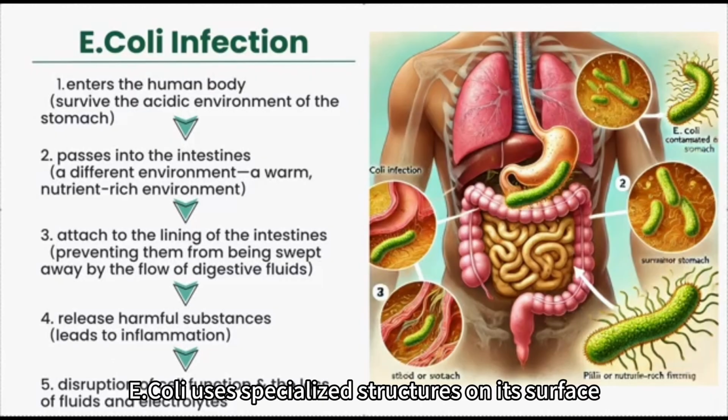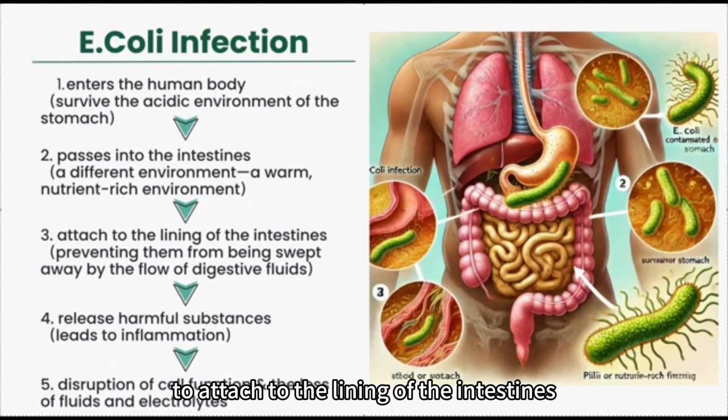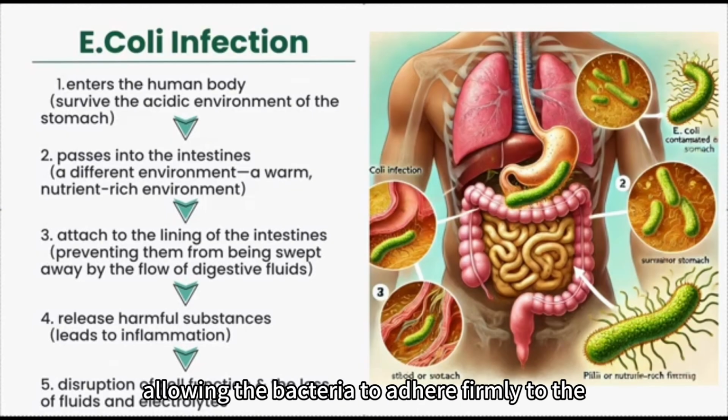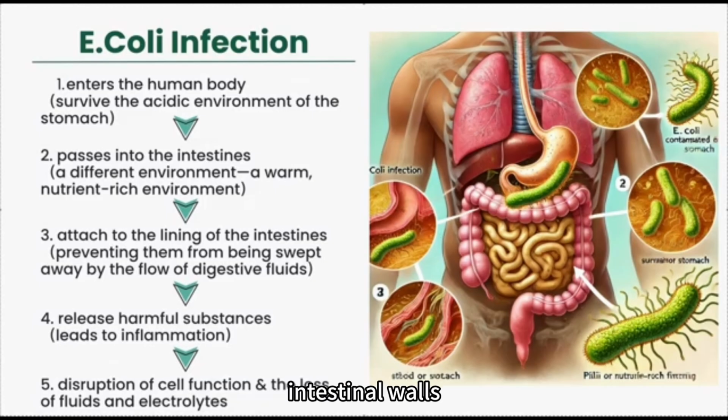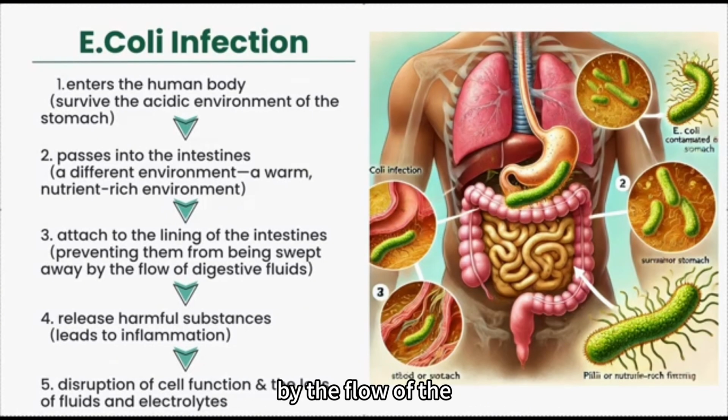At this stage, E. coli uses specialized structures on its surface, like pili or fimbriae, to attach to the lining of the intestines. These structures act like little hooks, allowing the bacteria to adhere firmly to the intestinal walls, preventing them from being swept away by the flow of the digestive fluids.